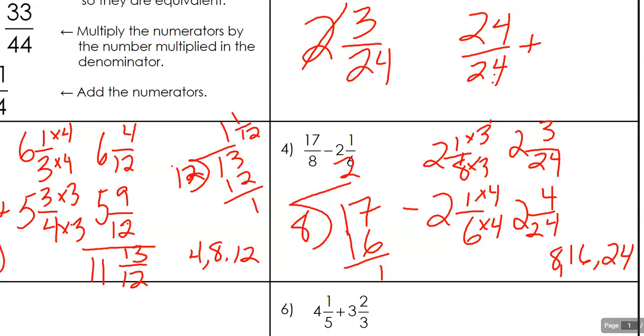And I'm going to add it to the fraction itself, 3 over 24. Why am I doing 24 over 24? I can use 1 over 1, 2 over 2, 3 over 3, as long as it's a whole that I'm taking. But I'm choosing to use 24 so that I don't have to find a common denominator when I add the fraction to make it bigger. So this on the top is 27, and on the bottom is 24.